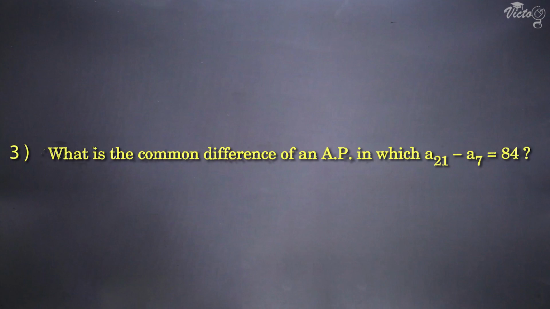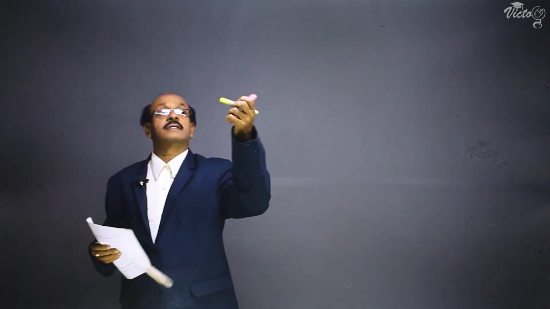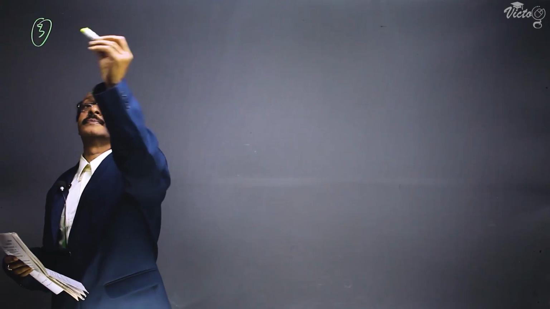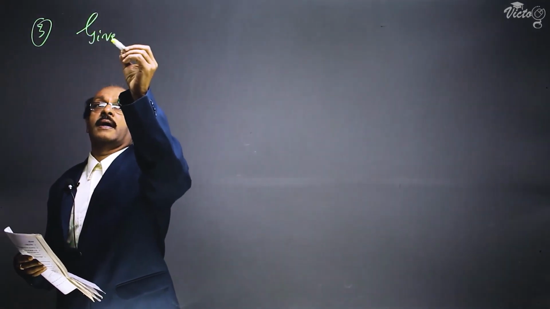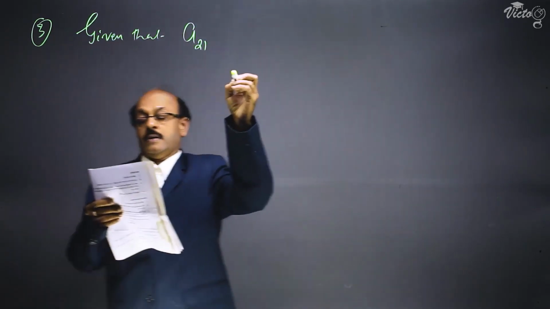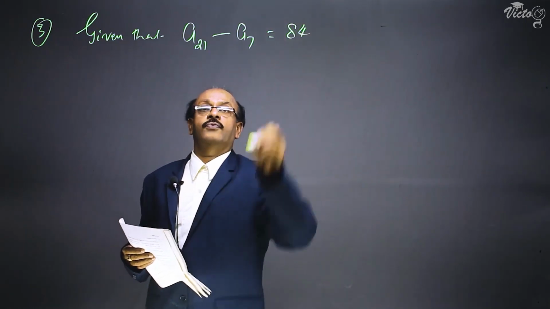What is the common difference of an AP in which A21 minus A7 is equal to 84? Question number 3. The difference of two terms is given as 84, that is A21 minus A7 is equal to 84.